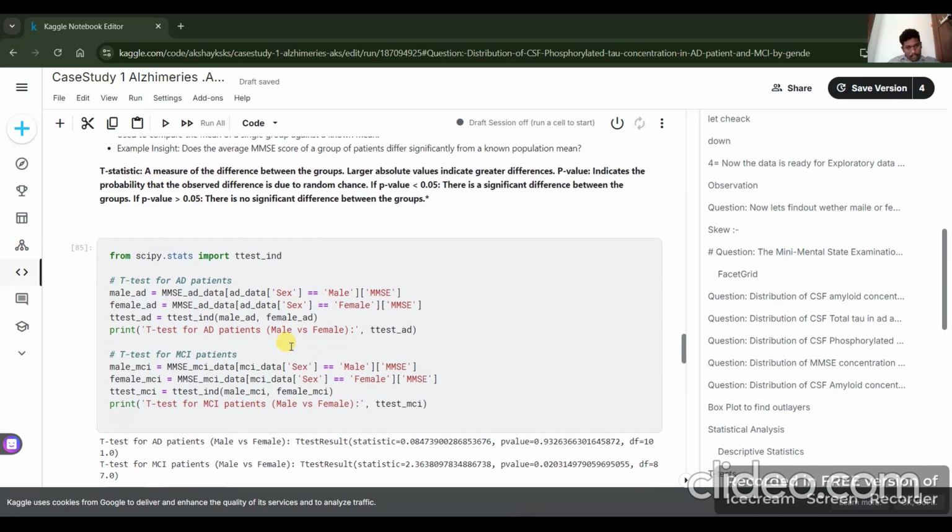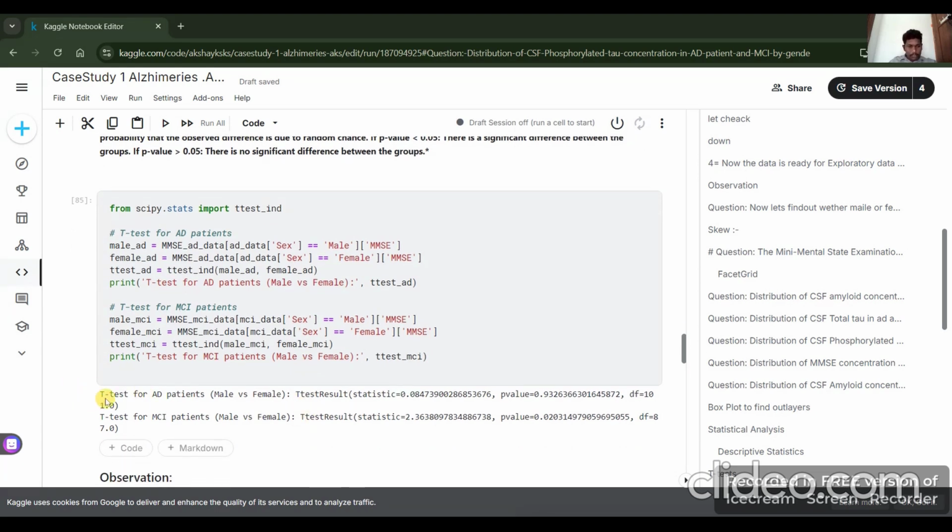We can also run the t-test for MCI persons, and for the normal persons. We included the MMSE data for male and female, and printed the output for the normal person, male and female.